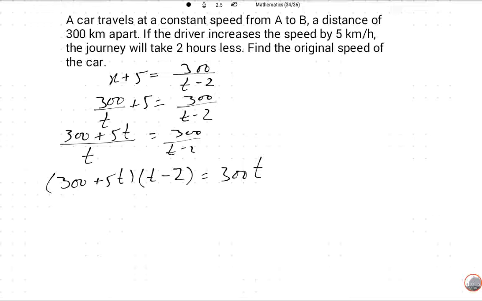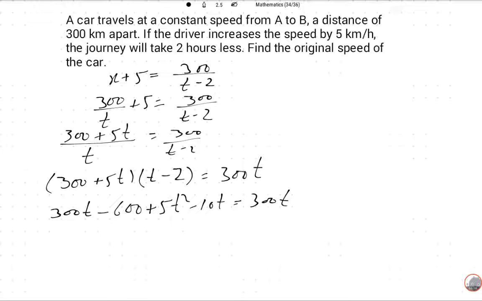So now multiply this. 300t minus 600 plus 5t square minus 10t is equal to 300t.